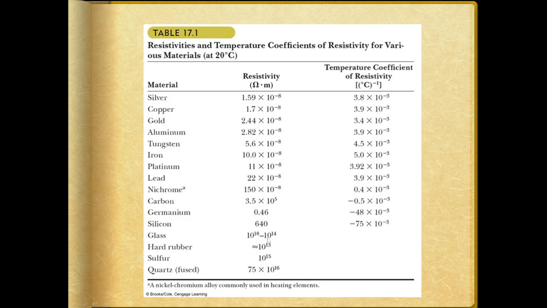So this first column right here, these values only work at 20 degrees Celsius. They will all increase as temperature increases for that particular material. This second column over here, temperature coefficient of resistivity, is designed to help us better understand how the first column is going to change as the object's temperature increases.